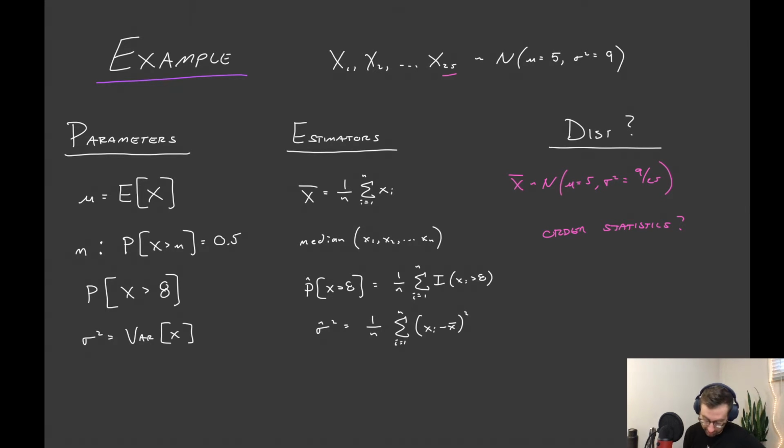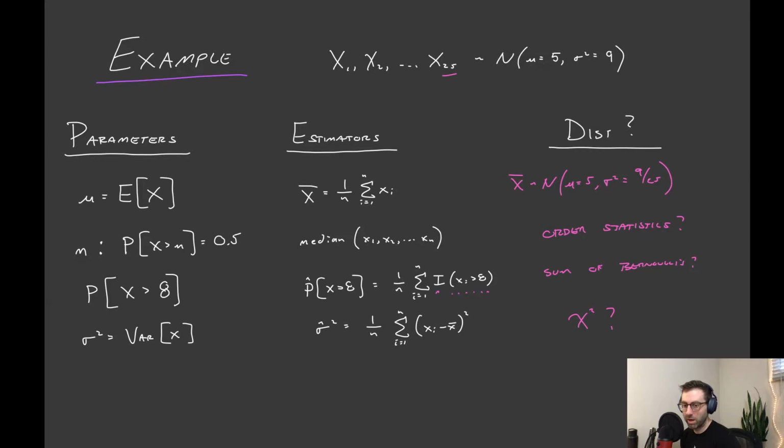If we know the population distribution, we could calculate that probability, and then each observation is either greater than 8 or not, so it's a Bernoulli thing. We have a sum of Bernoullis going on. But I don't want to do that. And the last one, pretty sure this has something to do with chi-square. But I'd like to reemphasize that I'm not good at math.